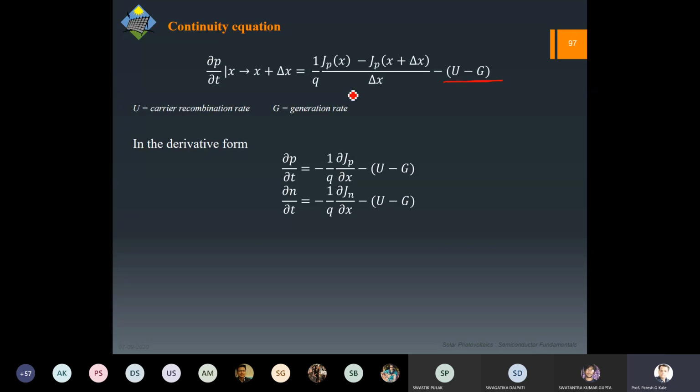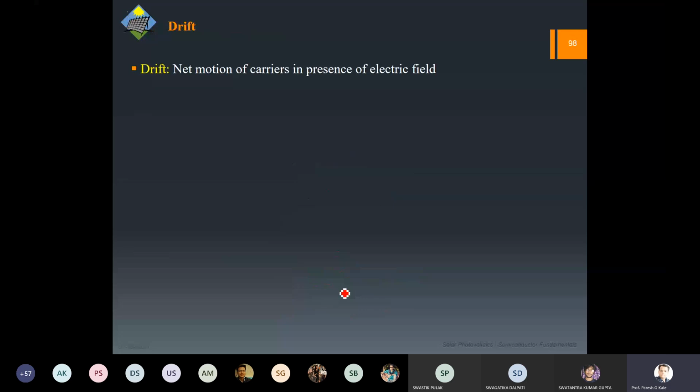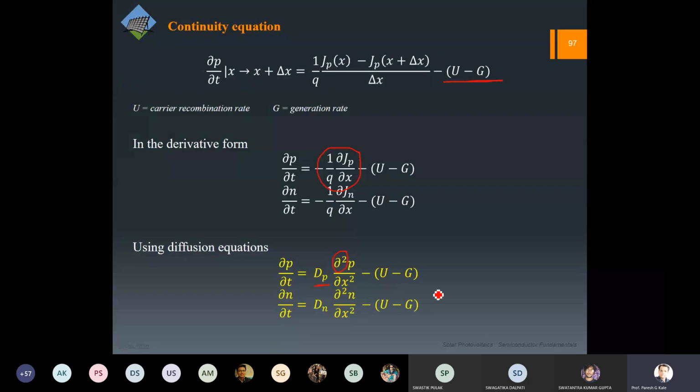When you resolve this, you get some differentials, and as we have already seen in the previous lecture, we can substitute the diffusion equations here. The diffusion coefficient comes into the picture, and it becomes a second order differential equation. That's all. This is the continuity equation.